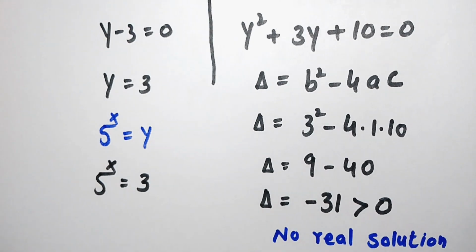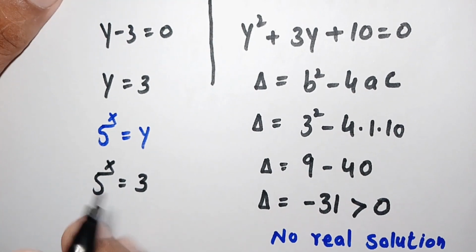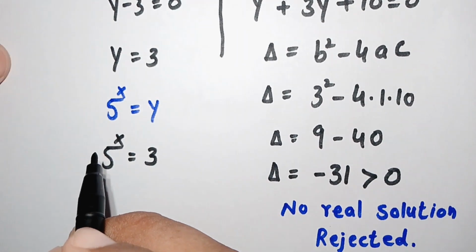Now from this, to find the value of x, we have to take log at both sides. So this will become log of 5 to the power of x is equal to log of 3.